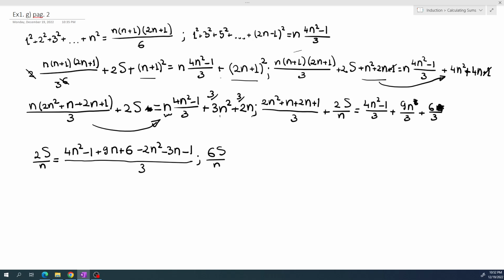6s over n is equal to 2n squared, this one and this one, plus 6n, this one and this one, and plus 4.